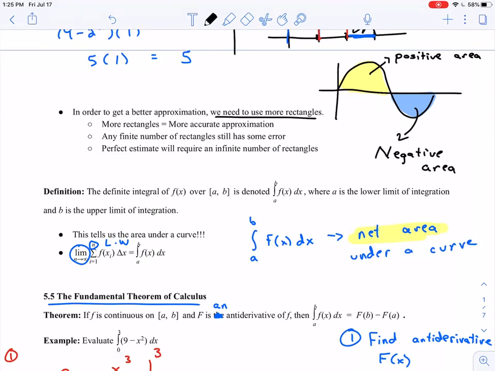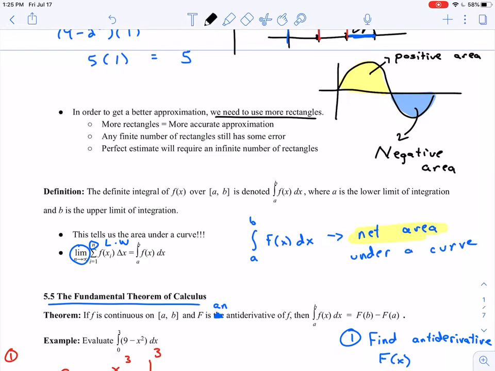So this is going to be a really important idea in some examples that we'll look at towards the end of this section. The definite integral is going to count anything that falls below the x-axis as negative. So just be careful of that.